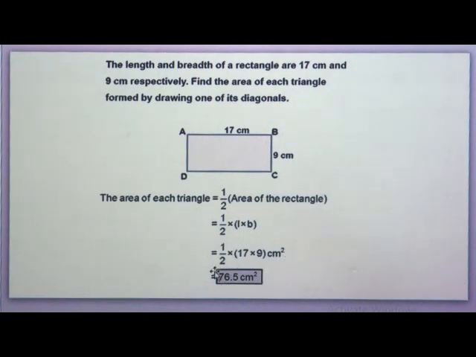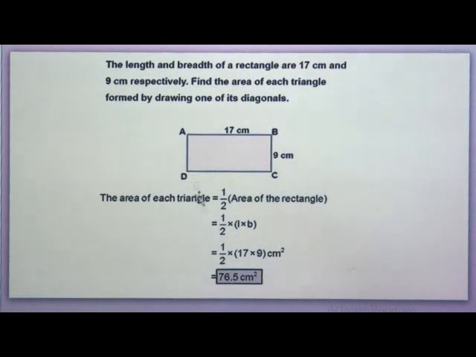So, it is half into 17 multiplied by 9. So, when you multiply numerator to numerator and divide with the denominator, you will get 76.5 centimeter square. What is it? Yes, it is nothing but the area of each triangle.